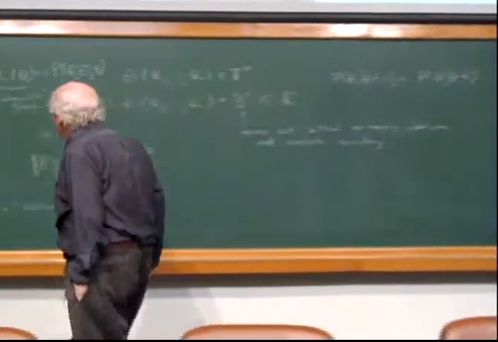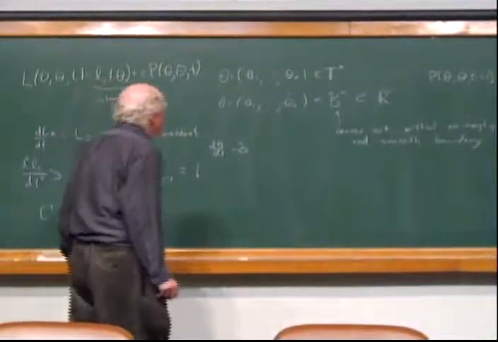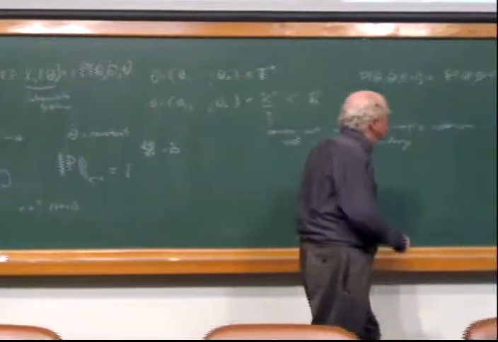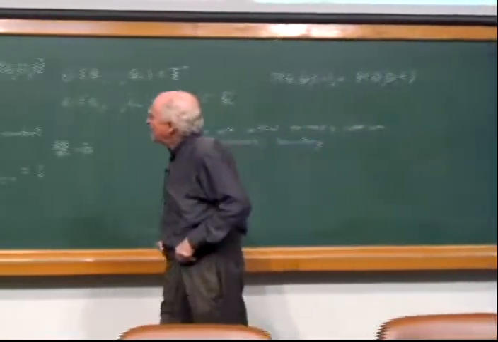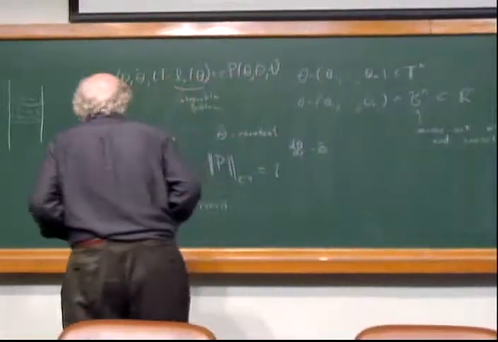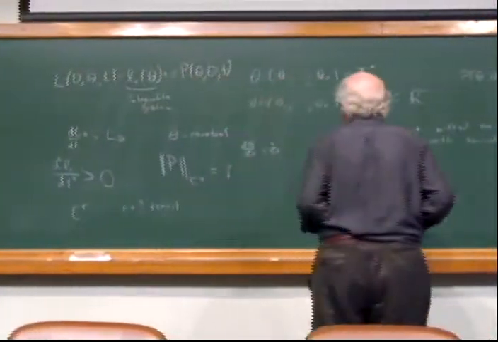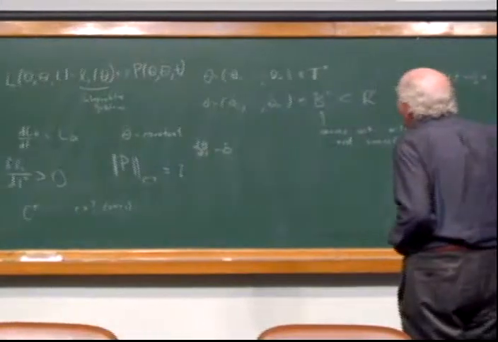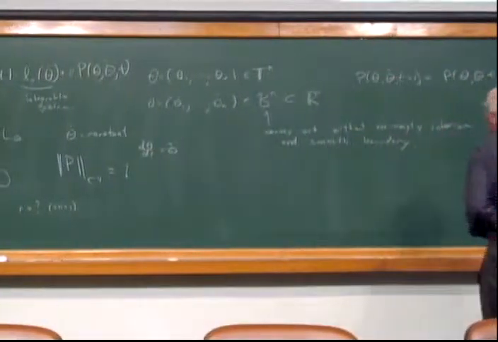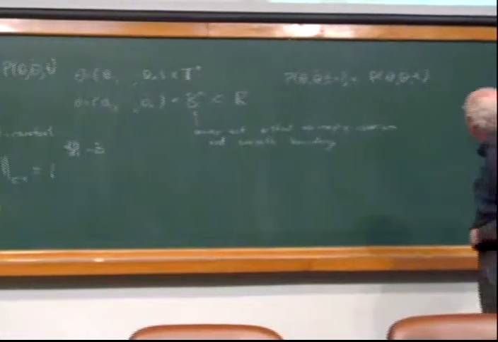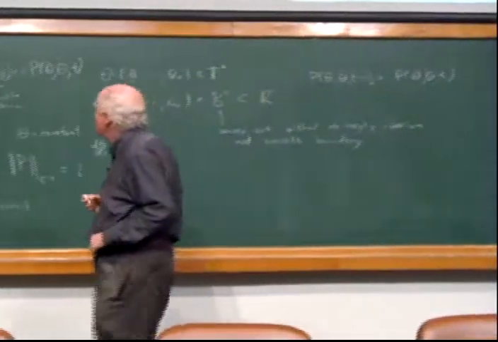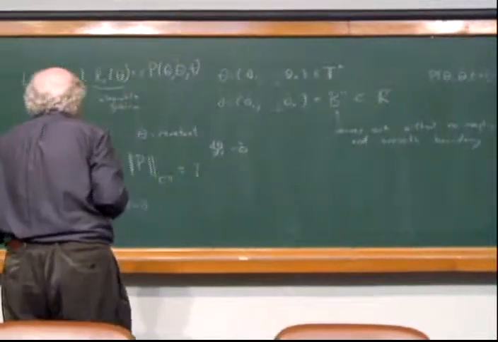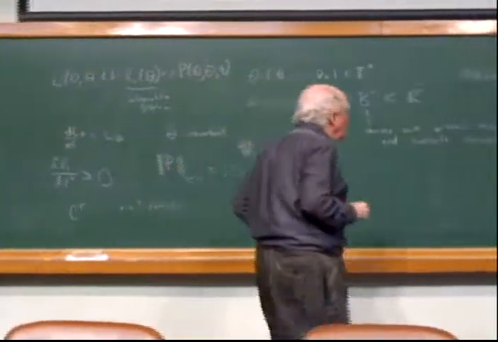Now, these tori, I said that this is an n-dimensional space. So I really have a phase space whose dimension is 2n plus 1.